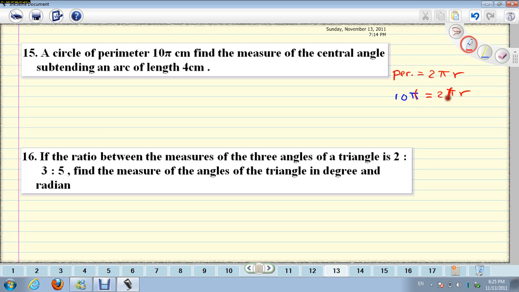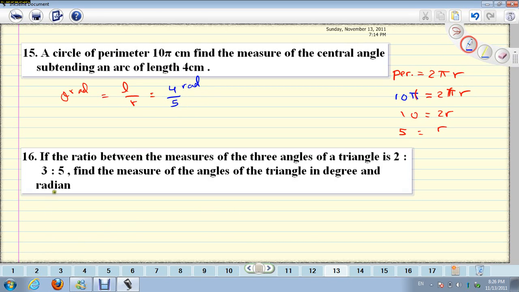And pi cancels with pi, so 2r equals 10, which means that r equals 5. Now I can get the measure of central angle, which is theta rad, equals L over r, which is 4 over the radius 5, it's 4 over 5 rad.